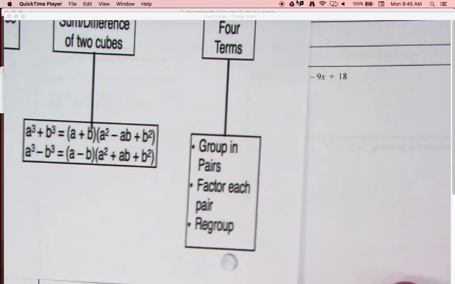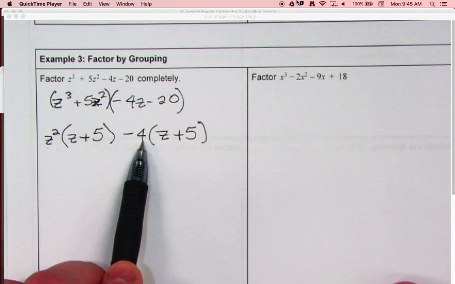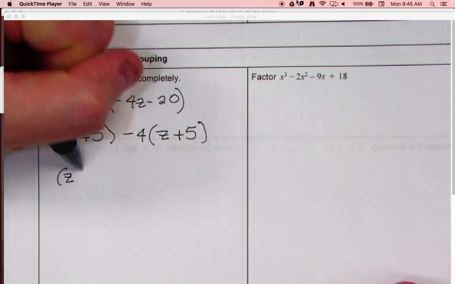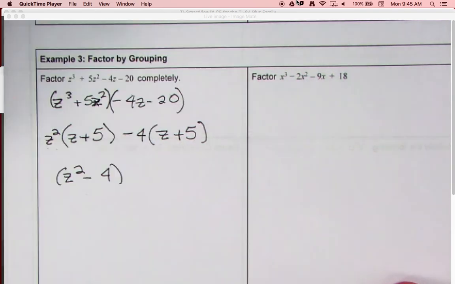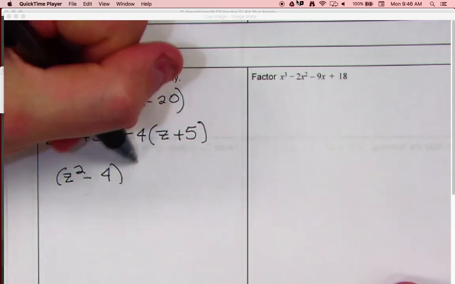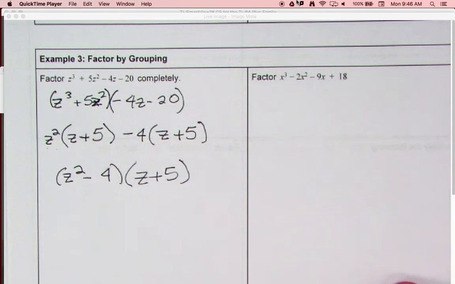And by regrouping, what I'm going to do is take the two things that are on the outside of the parentheses, in this case the z squared and the minus 4, and I'm going to regroup those: z squared minus 4, so that's going to be one of my factors. And then I take what's inside of the parentheses here, which in this case is the z plus 5, and that's my second group.